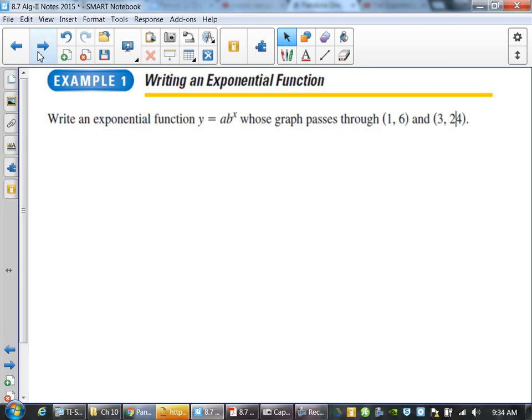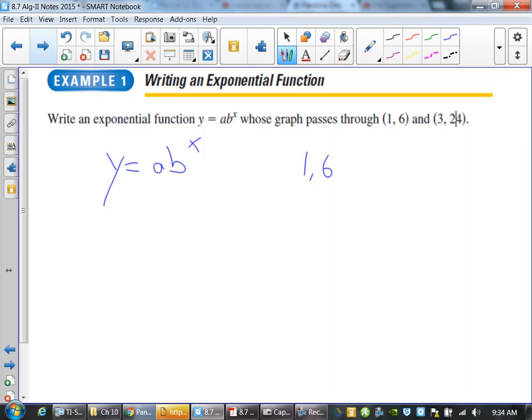For example, I'm pretty sure we did this earlier in the year as well when we did exponential. Y equals AB to the x. And we wanted to write the equation that went through the set of points 1, 6, and 3, 24.